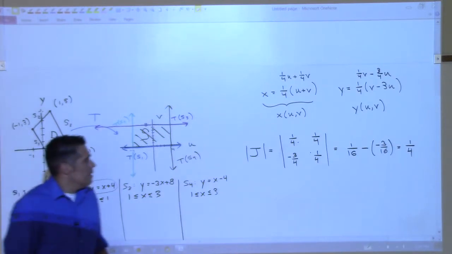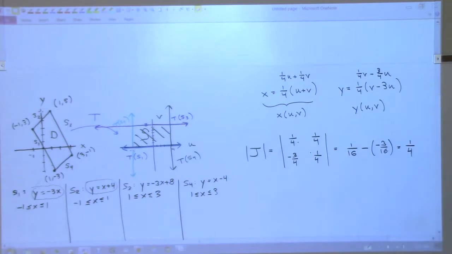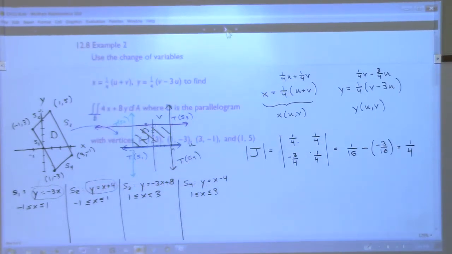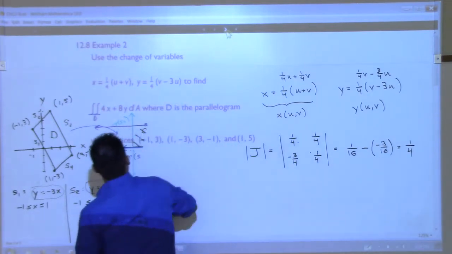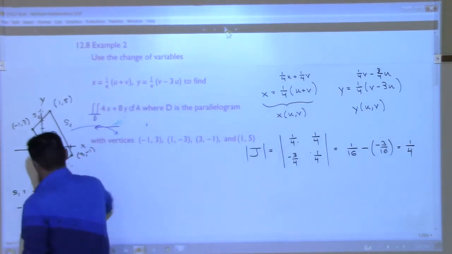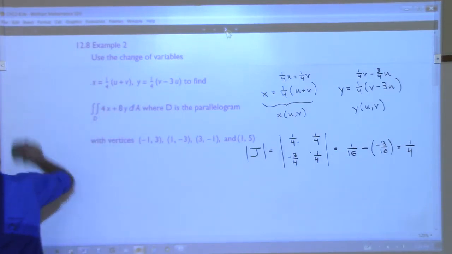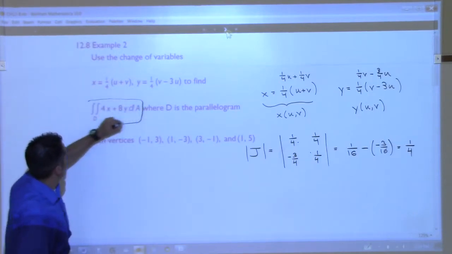Okay. All right. Let's do the double integral. I think I'll bring the problem back up. Okay, let me erase all this because I don't need it. Here we go. We're doing this right here.